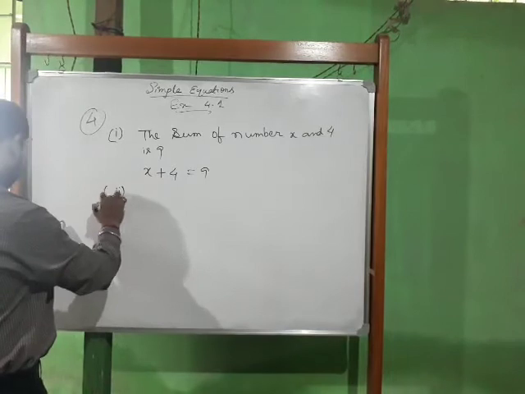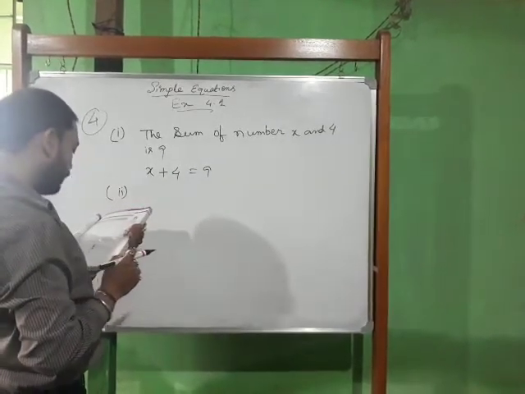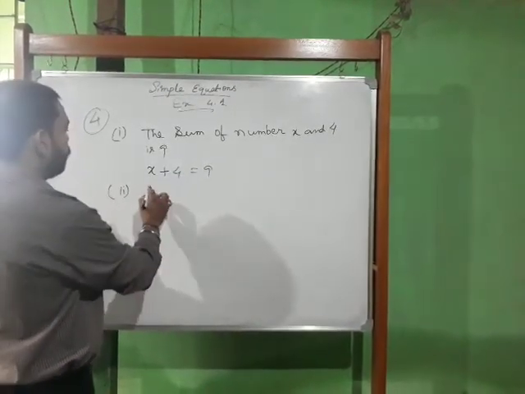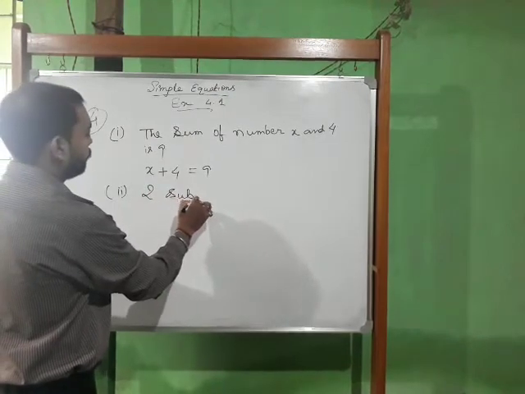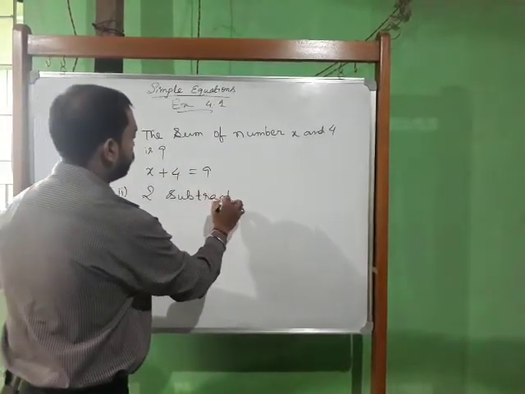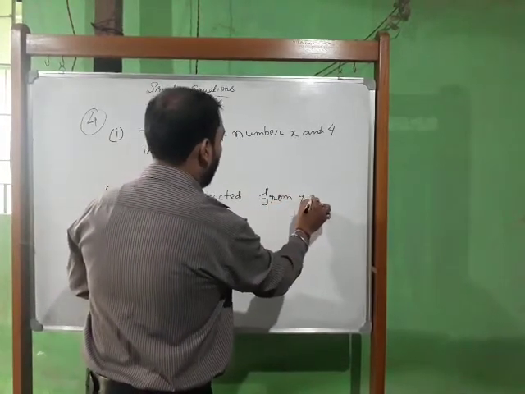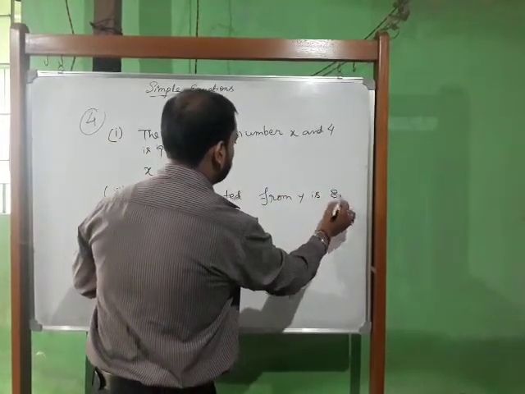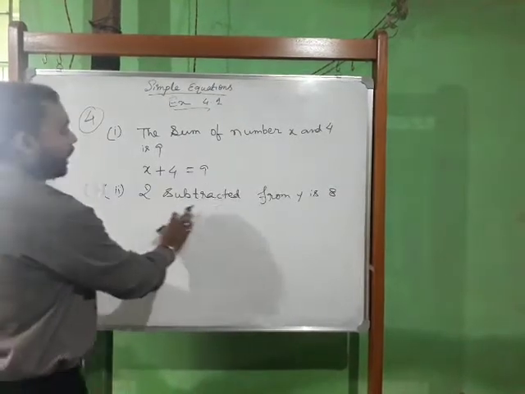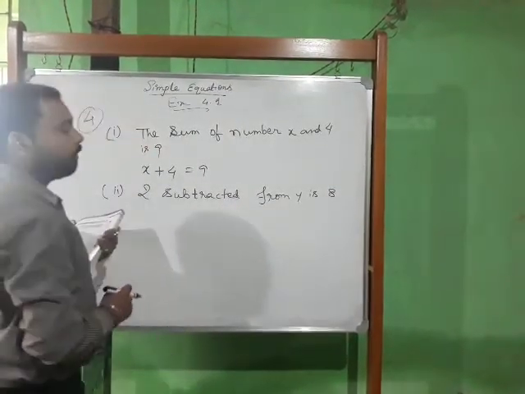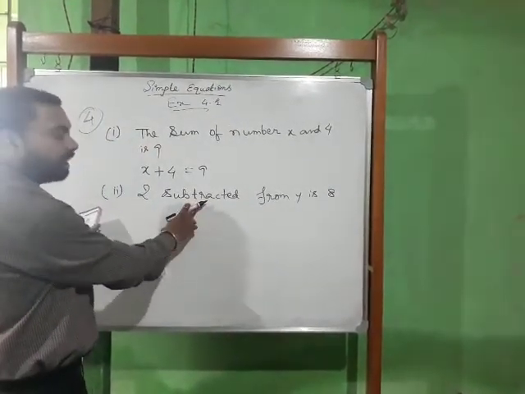2 number. 2 subtracted from y is 8. Now in this statement, how can we write the equation? You see, 2 subtracted means minus.